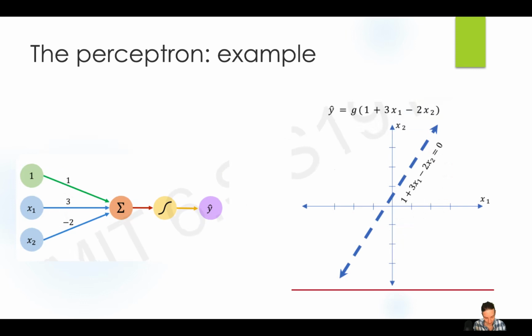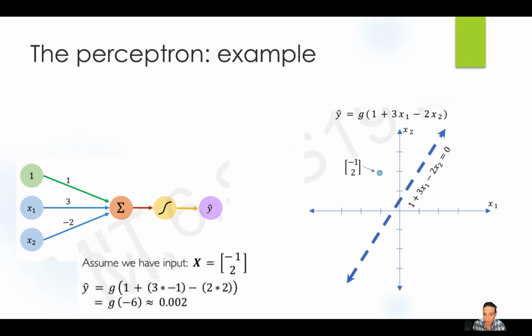So in this example, we can draw the calculated linear line in this plot, simply by equating the output of the line, by equating this part to be 0.